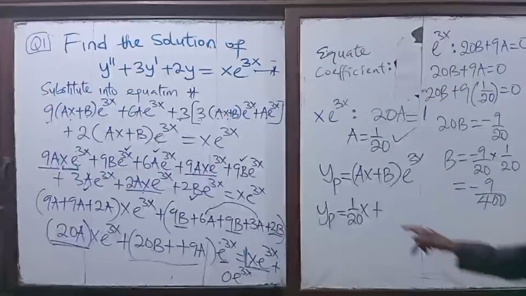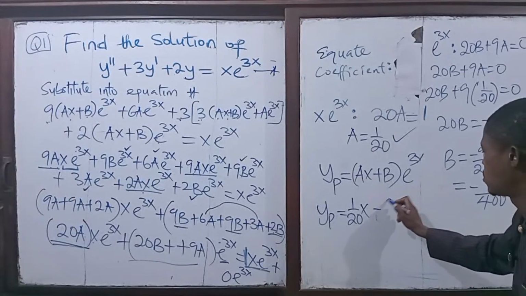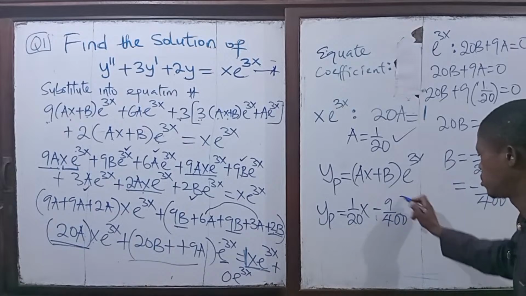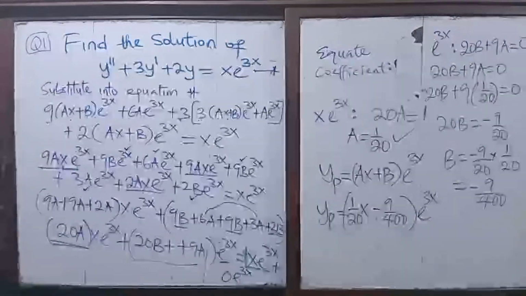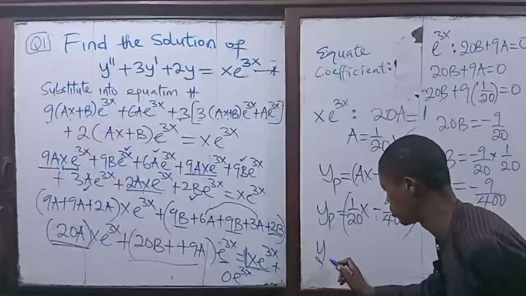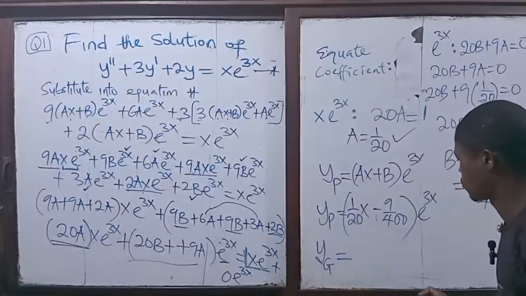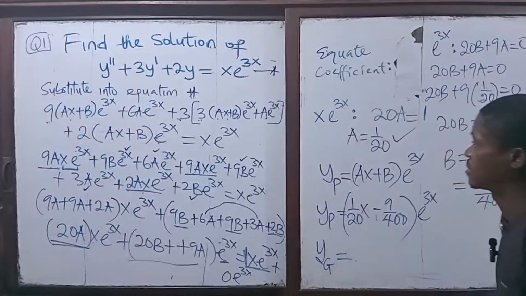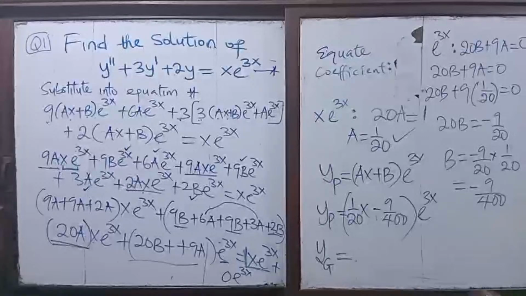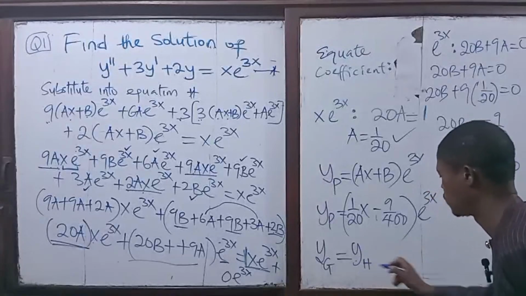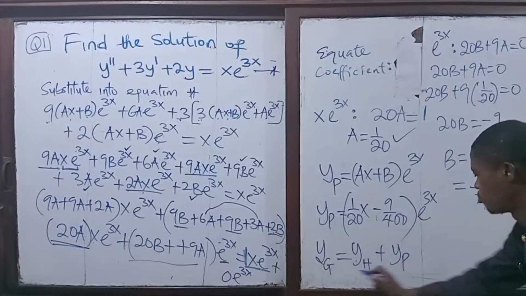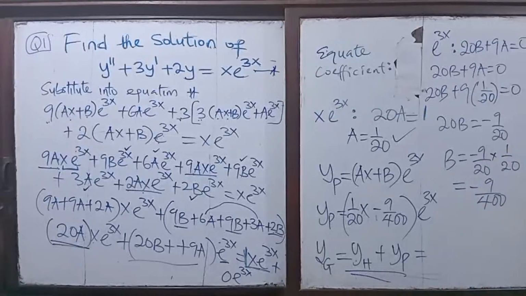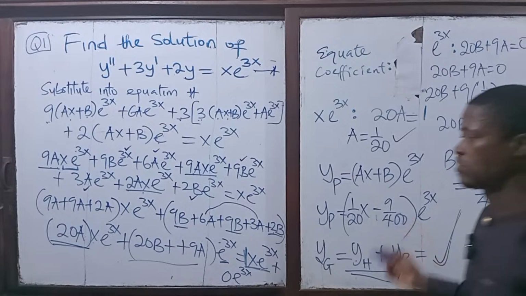My b is minus 9 over 400, close the brackets, e to 3x. So the general solution will be equal to the homogeneous part, put the value there, plus the particular solution, which is this. Put the 2 there, and then we have the final conclusion, and that is the end of the work.